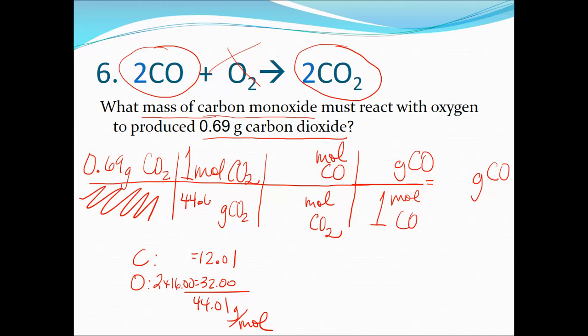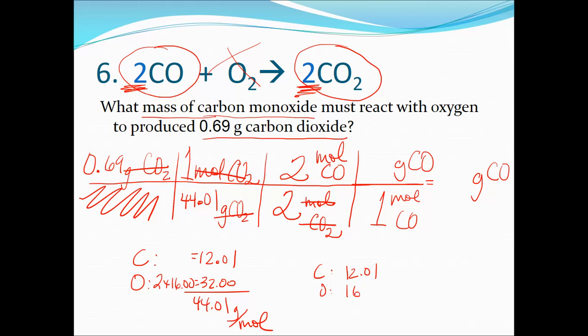44.01 plugs in here. This will let grams of CO2 cancel. Now for the mole bridge. The carbon dioxide has a 2. The carbon monoxide also has a 2. 2 over 2. This lets moles of CO2 cancel. Now I need the molar mass of CO. So carbon is 12.01.